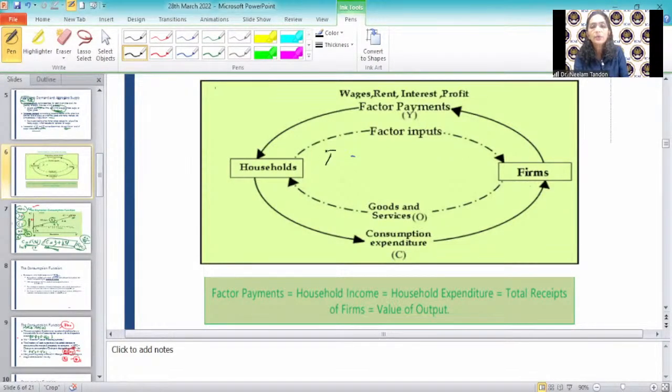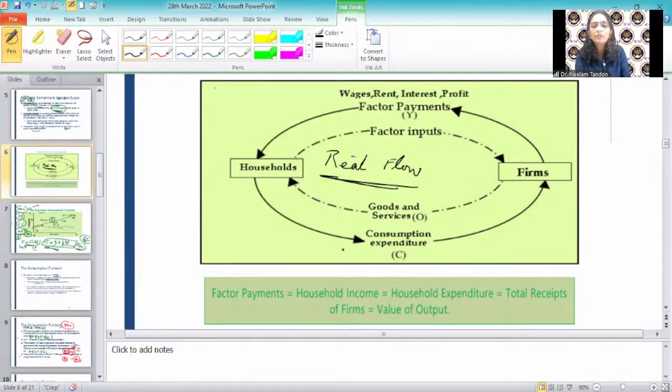What is real flow? It is where the transaction of goods and services is actually happening. Goods go to the household from the firms, and factor inputs go from household to firm. So this is real flow.